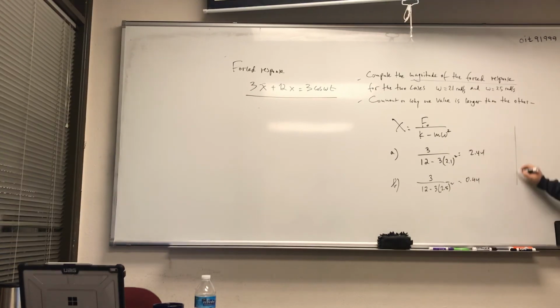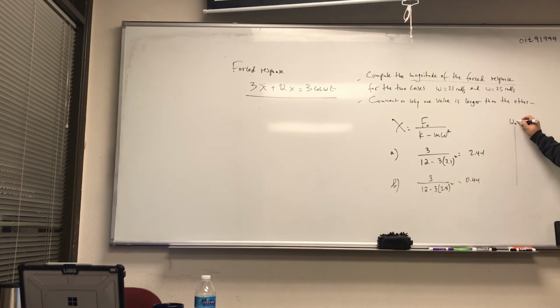And then remember that omega n is equal to the square root of k over m, which is equal to 2 radians per second. The solution at A is at 2.1. The solution at B is at 2.5, right? So this is closer to the resonance. That's why the amplitude here is higher than it is in the other.